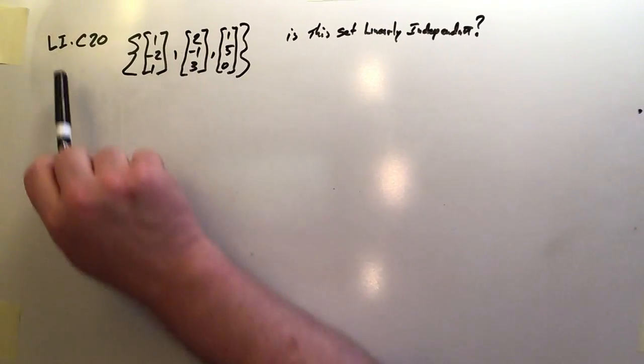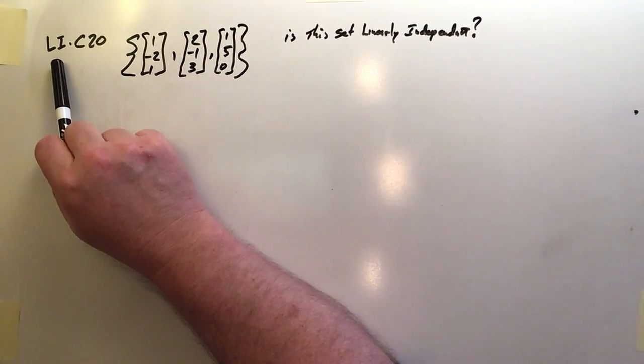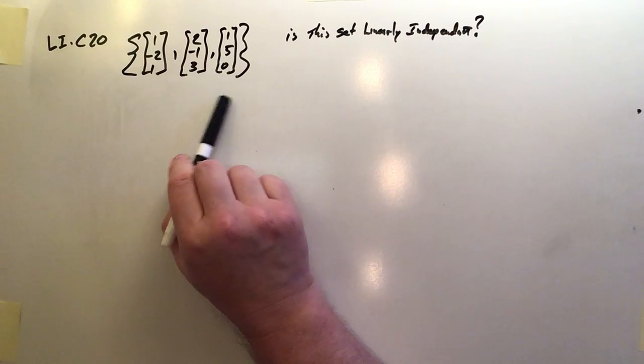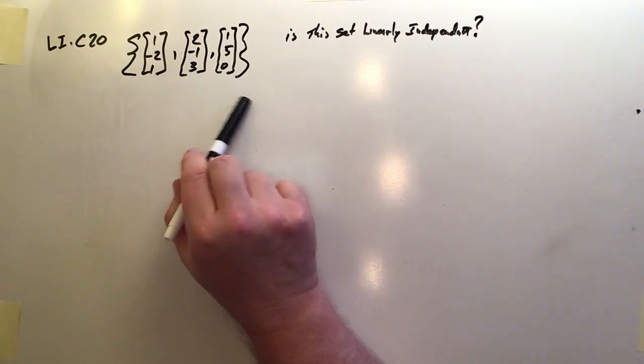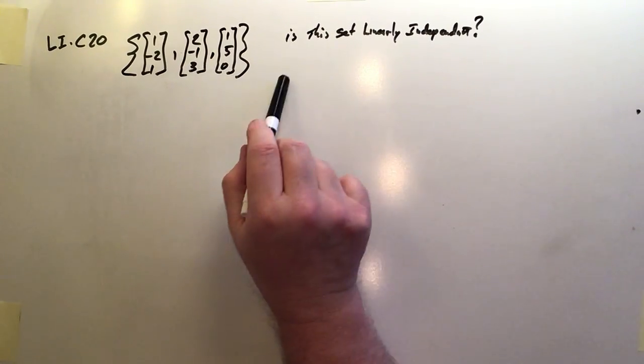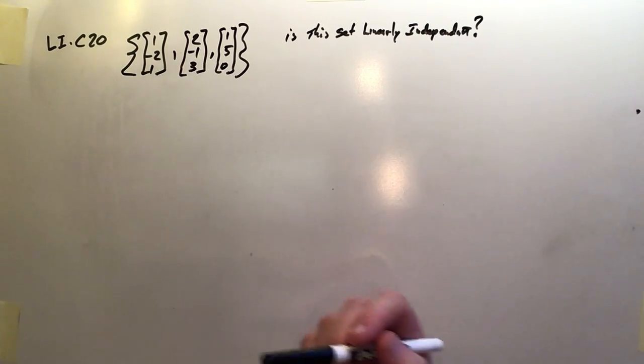Okay, this is LI.C20. Li is on linear independence, and basically it refers to a span or a set of vectors. Sets of vectors are either linearly independent or linearly dependent. Based on its definition and the theorem that describes it, what we have to check is this.